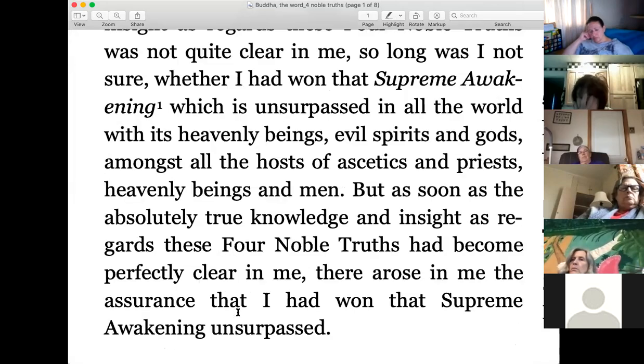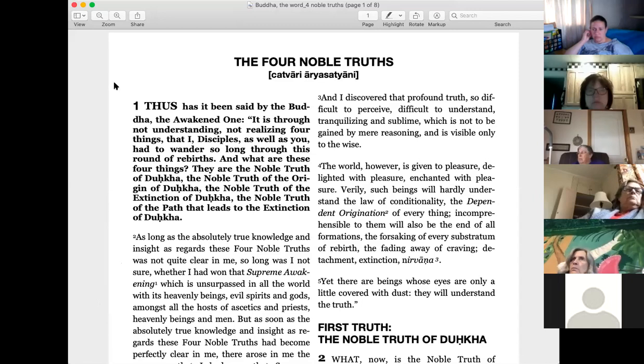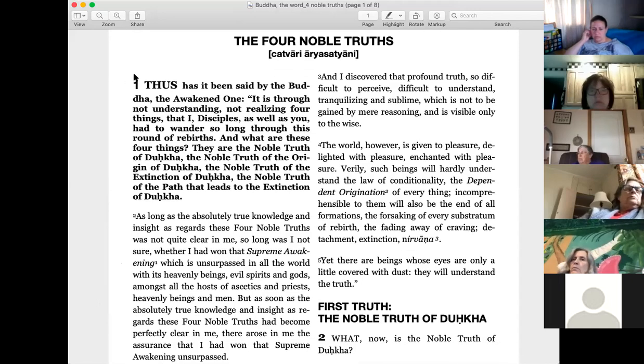So the Buddha is talking here about how he came to understand the Four Noble Truths. And what's interesting, as we talked about in the Pure Land Sutra talks, the Buddha was known as a special kind of Buddha because he was able to teach difficult concepts in a way that people understood.